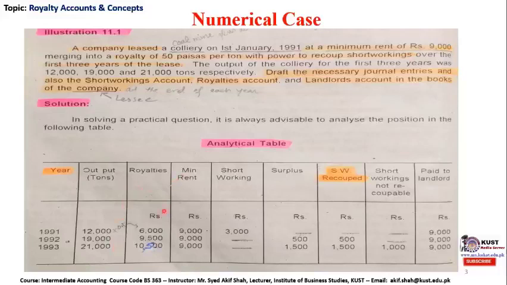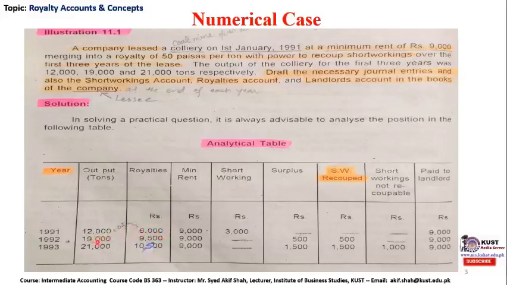The royalty fee for the first year is to multiply this tonnage with the royalty rate, which is 0.5 or 50 paisa per ton. Therefore, we multiply it with the tonnage output and we get the royalty fee for the first year as 6,000.